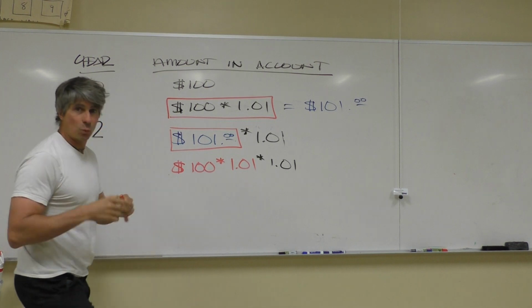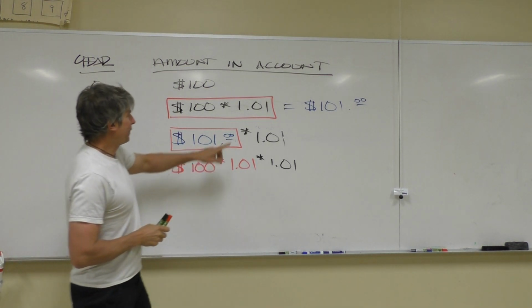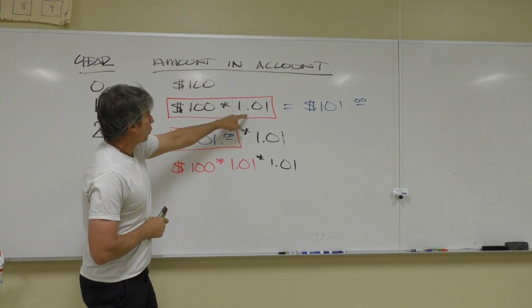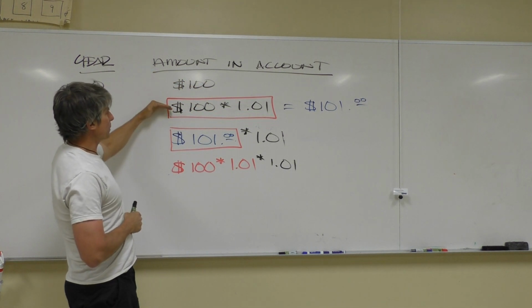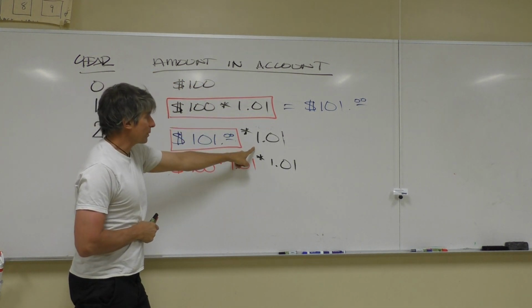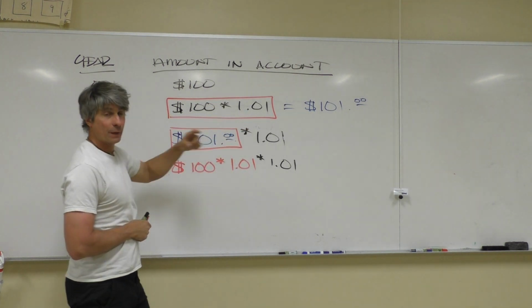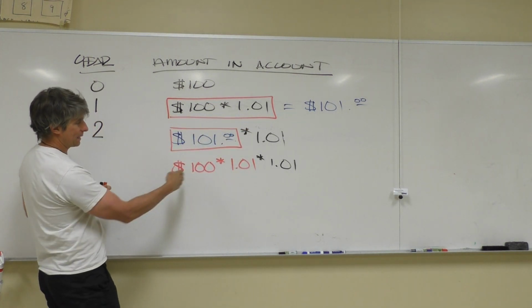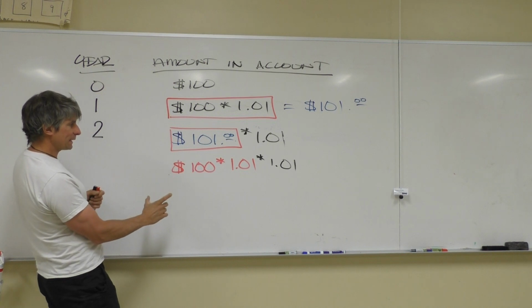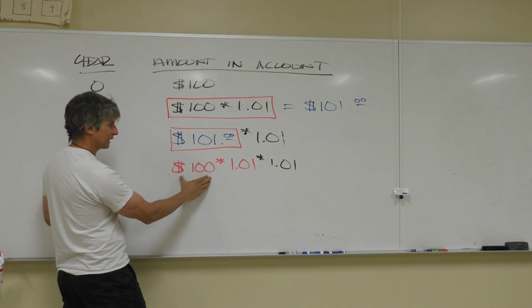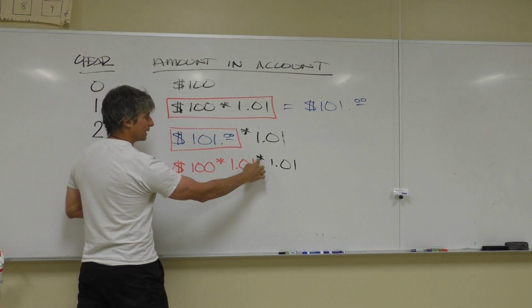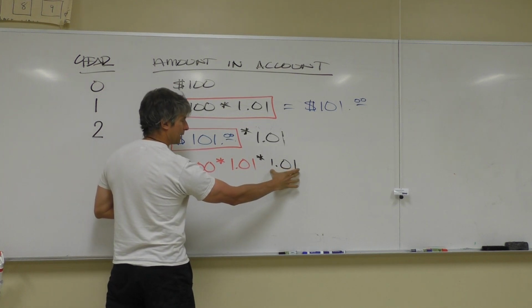You have to realize why there are two of them. This 1.01 was the interest earned from year 0 to year 1, and this 1.01 was the interest earned from year 1 to year 2. So what you're actually seeing is $100 times 1.01 times 1.01.